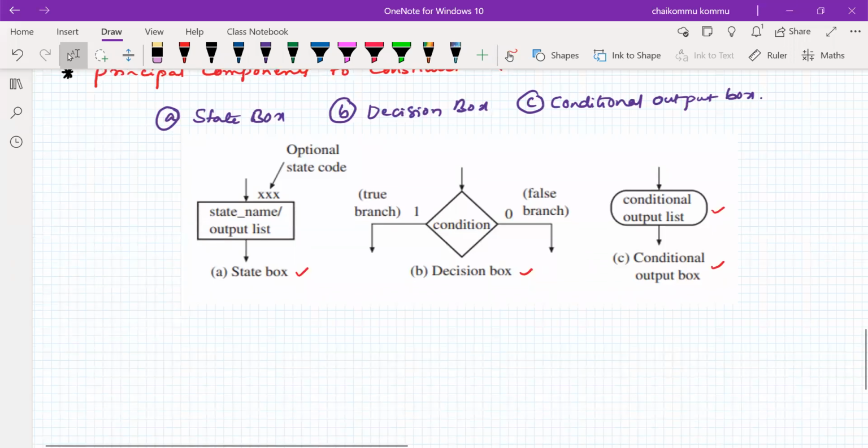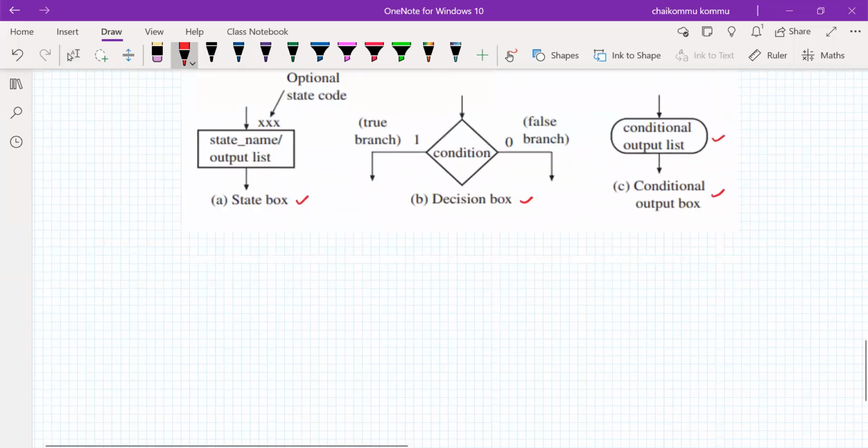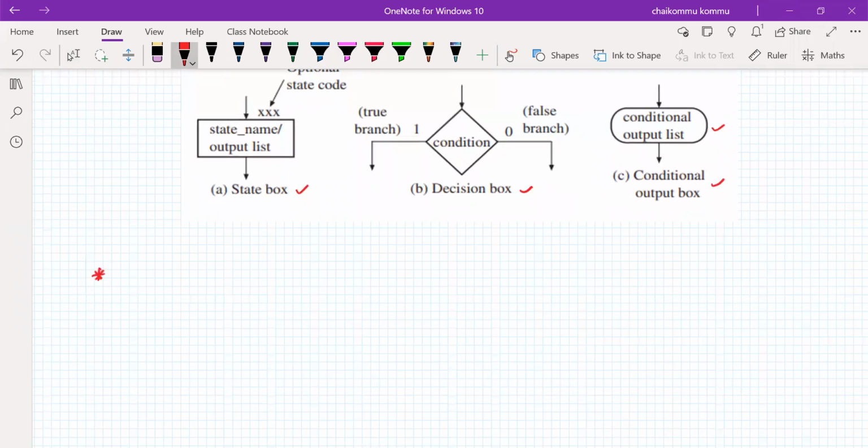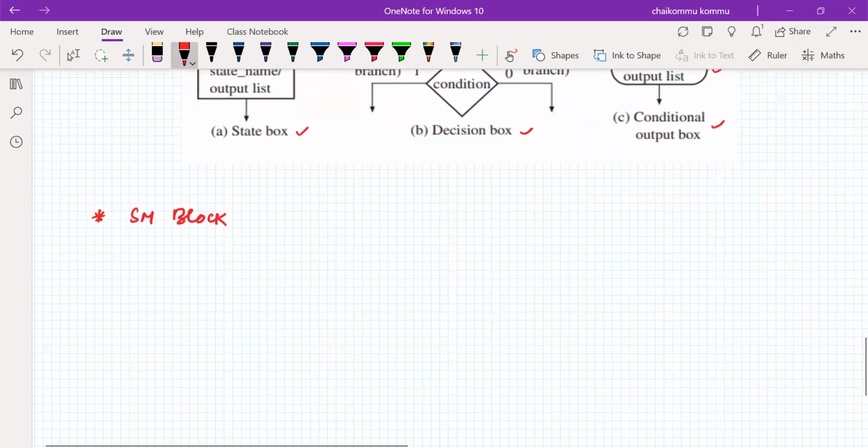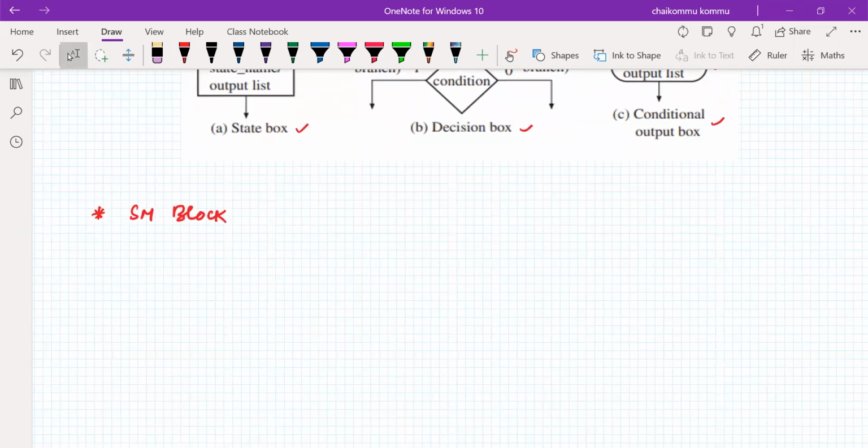Next, the next concept is the SM block. What do you mean by the SM block? If any SM chart consists of only one state box, then that is called an SM block. It can have a number of decision boxes and a number of conditional output boxes associated with that state.